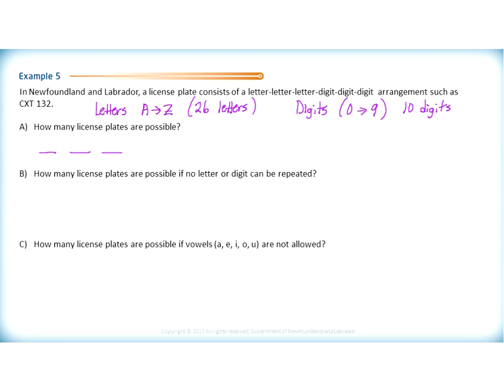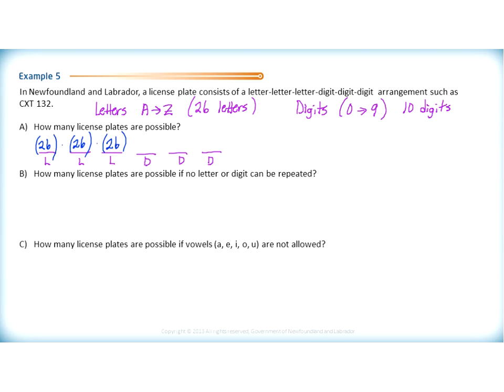There are the 3 letters, and then we have 3 digits. In the first case, we have 26 different letters from which we can choose. But it doesn't say that we can't use the letters again, so in the second case we would still have 26 letters from which to choose, and 26 letters for the third letter.